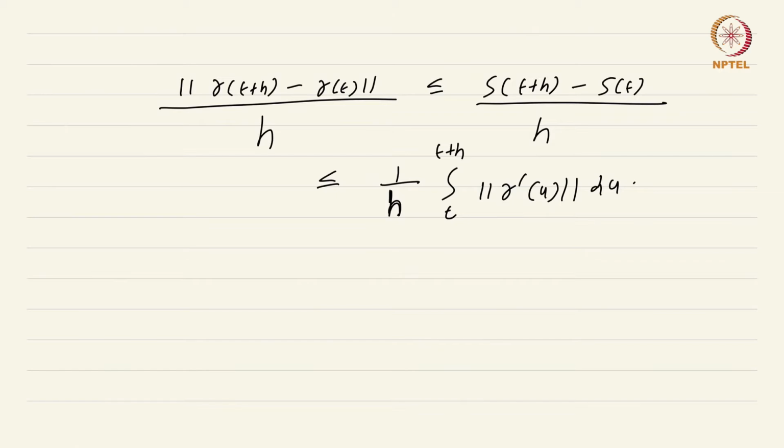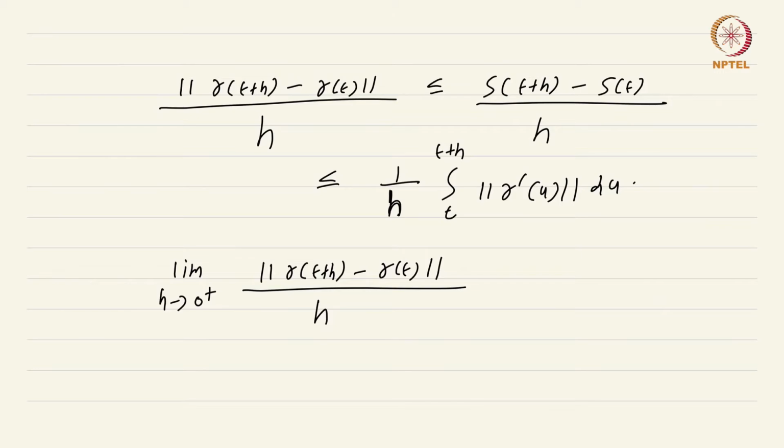Now taking the limit as h goes to 0 plus of norm of gamma of t plus h minus gamma of t, over norm h, by h, this is clearly just norm gamma prime of t. Check that. This is a trivial check, it follows almost immediately from the definition. And this now is the place where I apply the fundamental theorem of calculus.